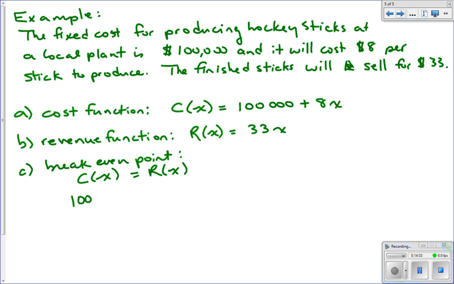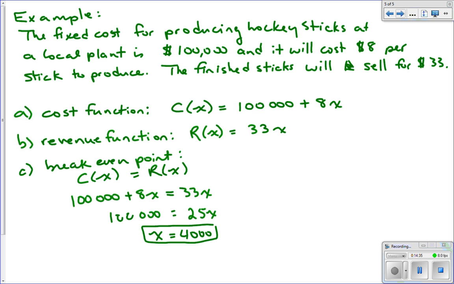So I've got 100,000 plus 8X equals 33X. Let's subtract 8X from both sides of this equation. So I've got 100,000 is equal to 25X. If I divide both sides by 25, I'll have X equals 4,000.